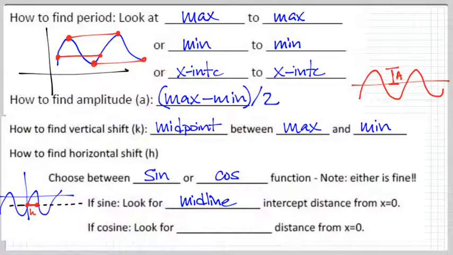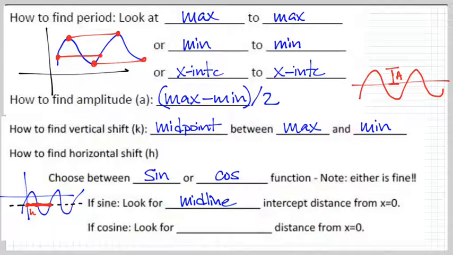Now, when the graph shifts over, the horizontal shift factor is this value right here. We've shifted it all the way over here. This is where it actually starts rising, so this is the correct h value all the way across here.